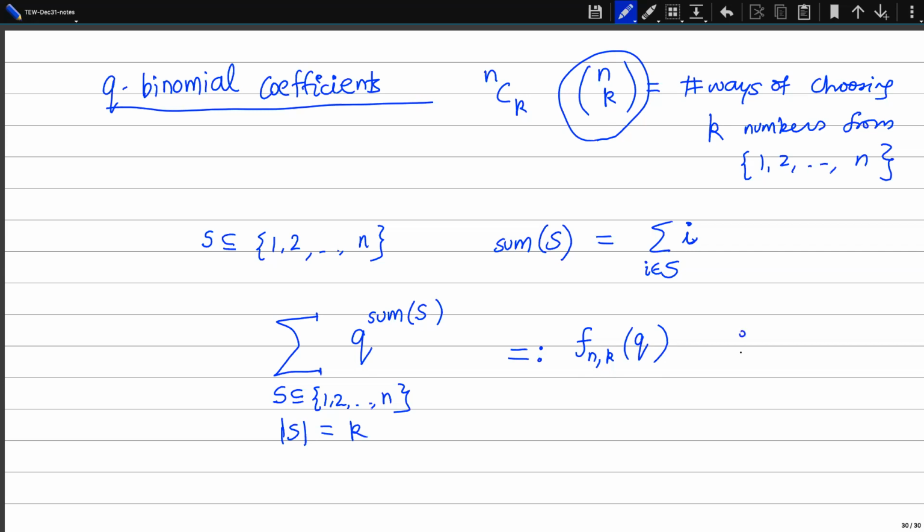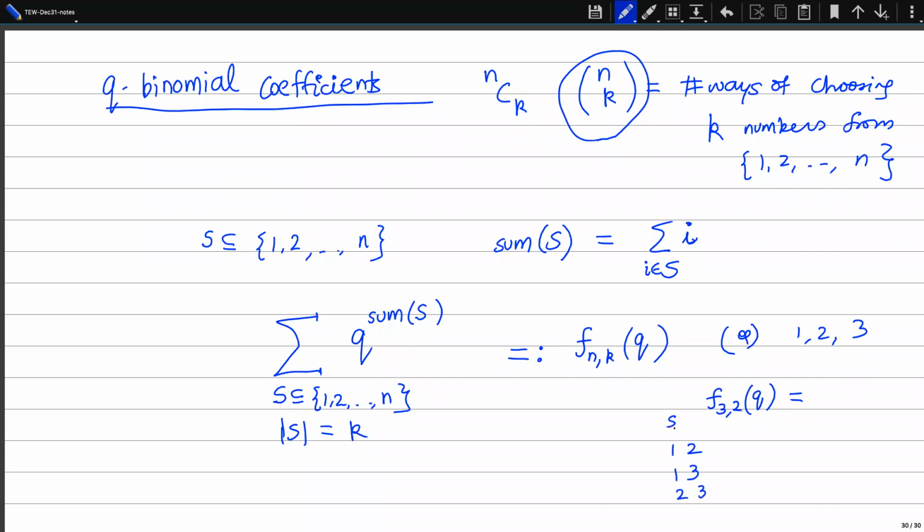For example, if I take the numbers 1, 2, 3, what is f3,2 of q? I have to choose two numbers out of these three numbers and add them. How many ways are there of choosing two numbers from these three? I can choose 1 and 2, 1 and 3, or 2 and 3.